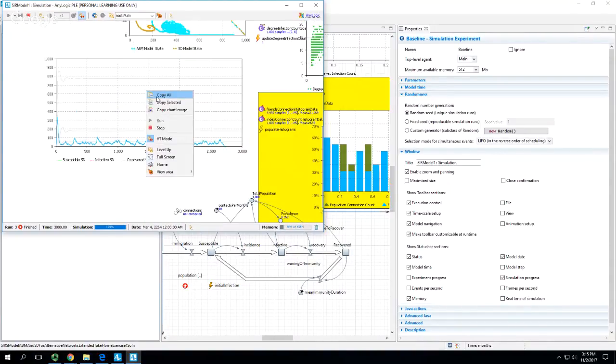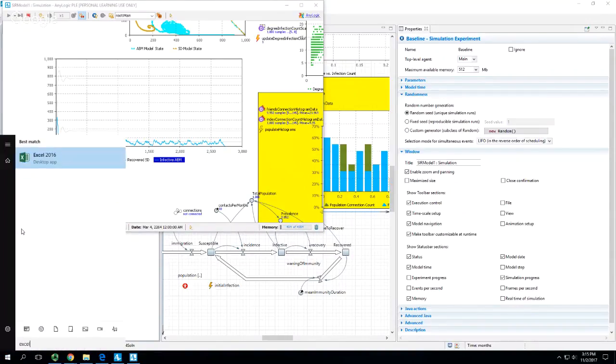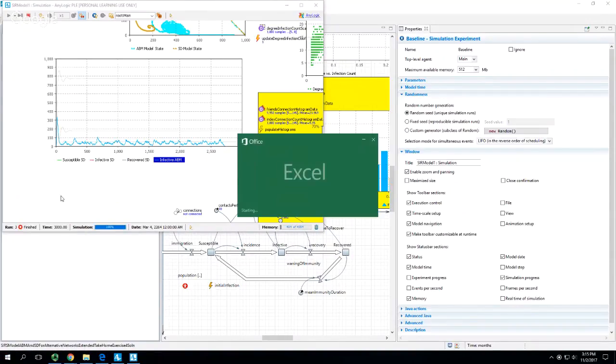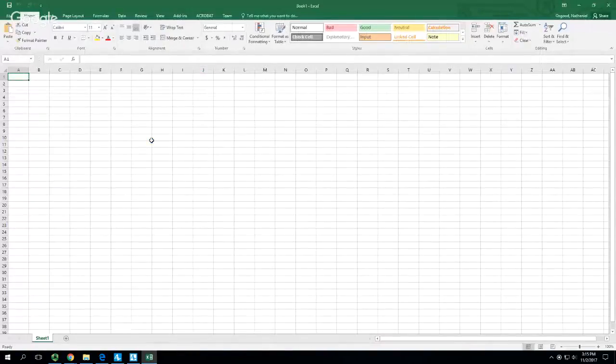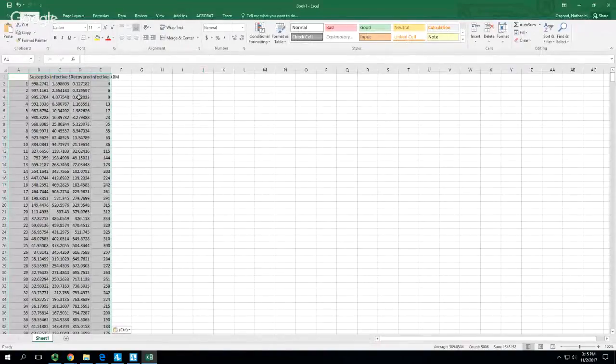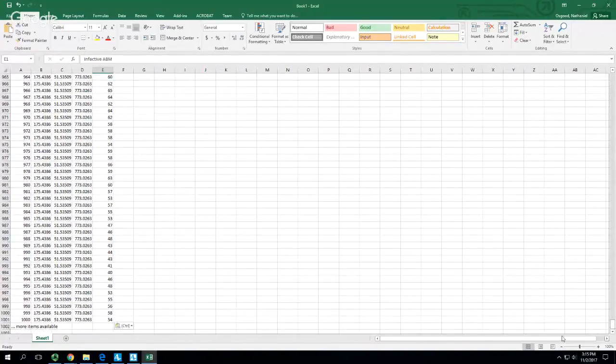Well, we could right-click on this, say copy all. We could go over to Excel, for example, and we could dump this into Excel. And what we will see at the end for infective ABMs, notice these are all integers, something we'll get to in a moment. At the end, what will it be?